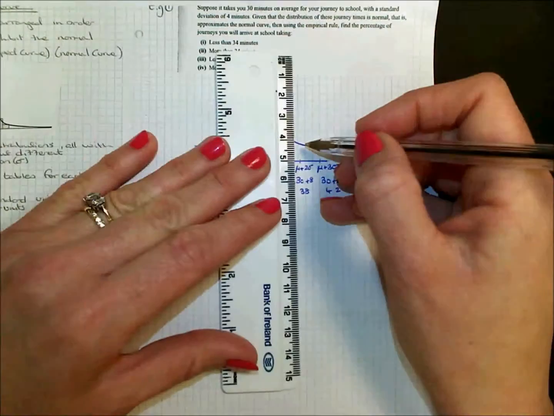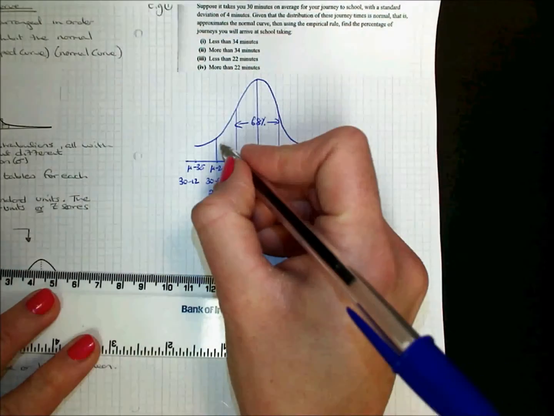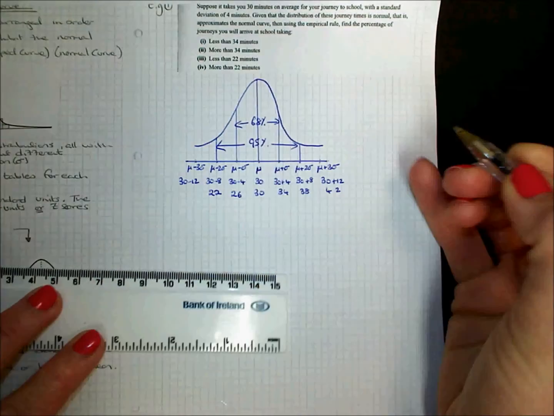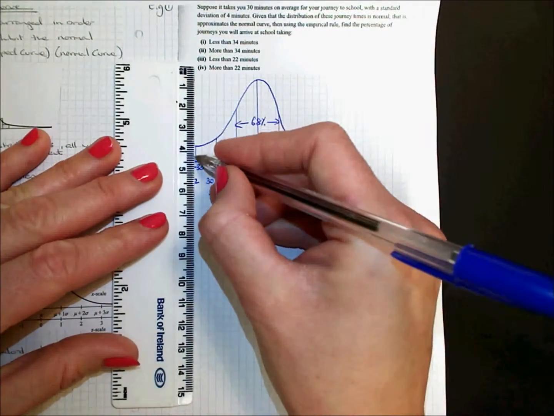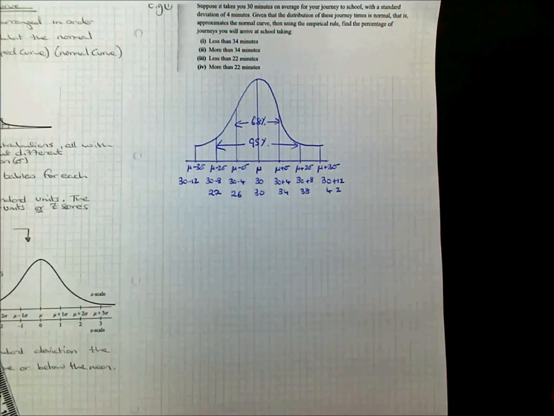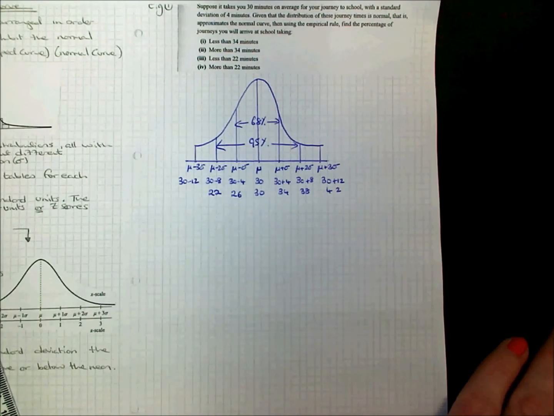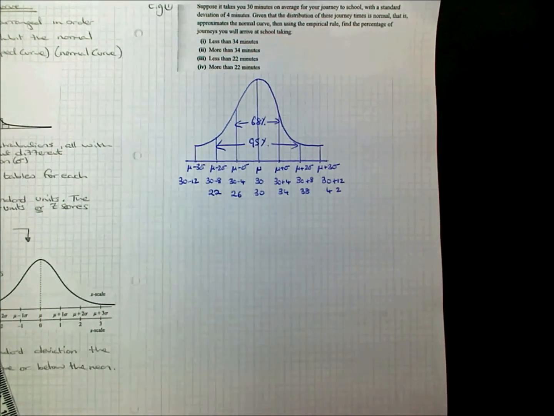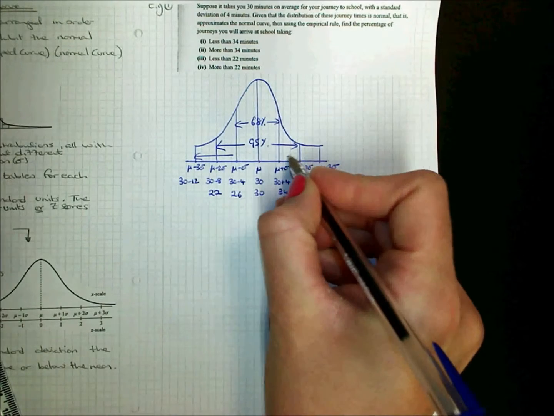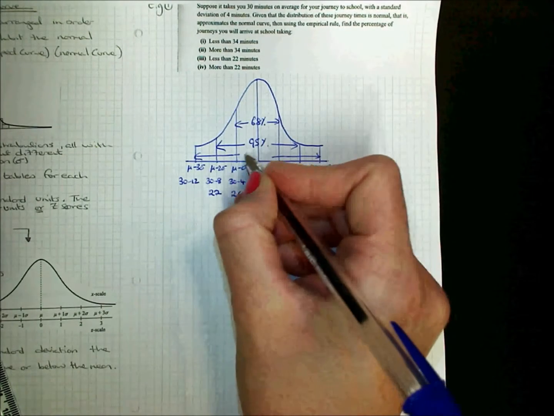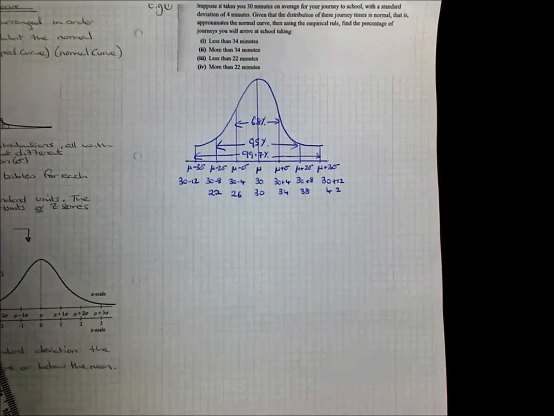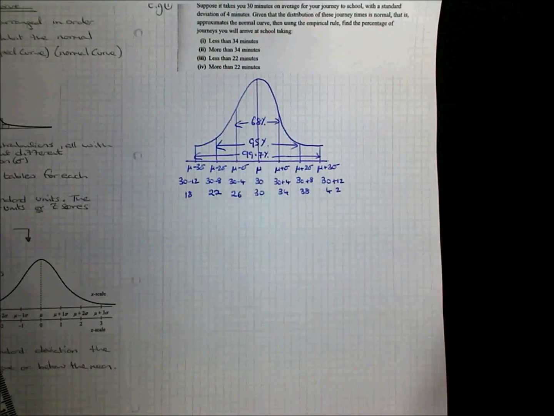Mu minus 2 sigma, mu plus 2 sigma, talking about 95% of the population, and mu minus 3 sigma and mu plus 3 sigma. This here is your 99.7% of the population. Okay, this is your 18.